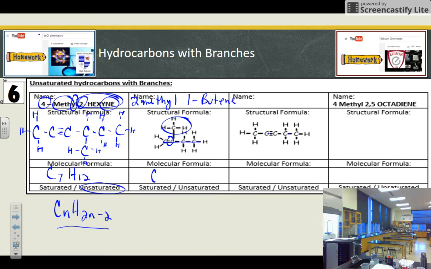And I have 5 carbons. I have 1, 2, 3, 4, 5, 6, 7, 8, 9, 10 hydrogens. This is unsaturated because that one fits CnH2n, which is an alkene.